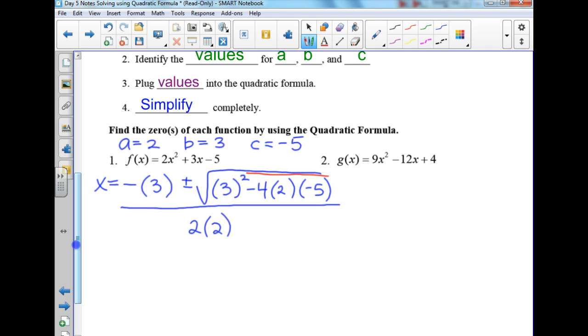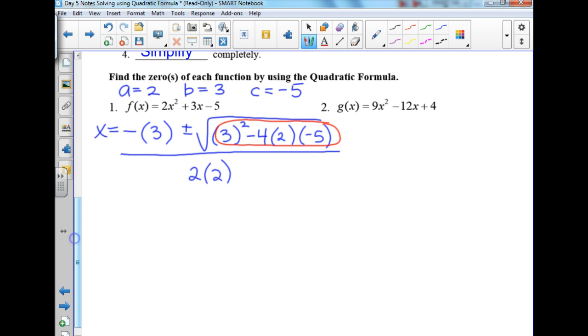I want you to do just this part first. So I just want you to simplify under the square root, and we're going to write our simplified version here. So like we'll have -3 plus or minus something under the square root over 4. So just put that part under the square root in your calculator. Don't put a square root, just the part under the square root.